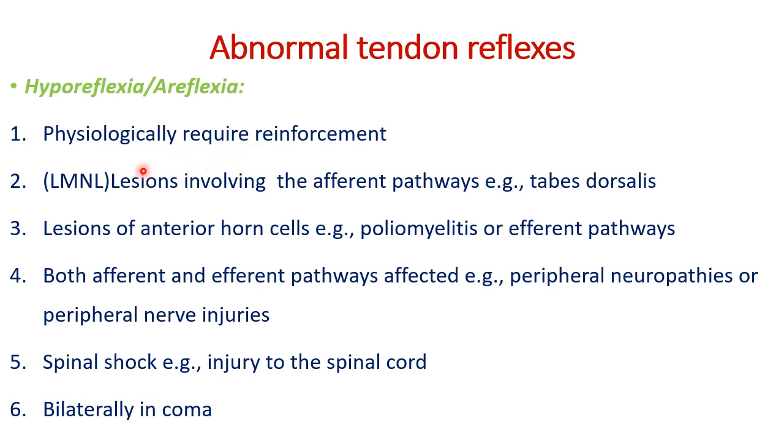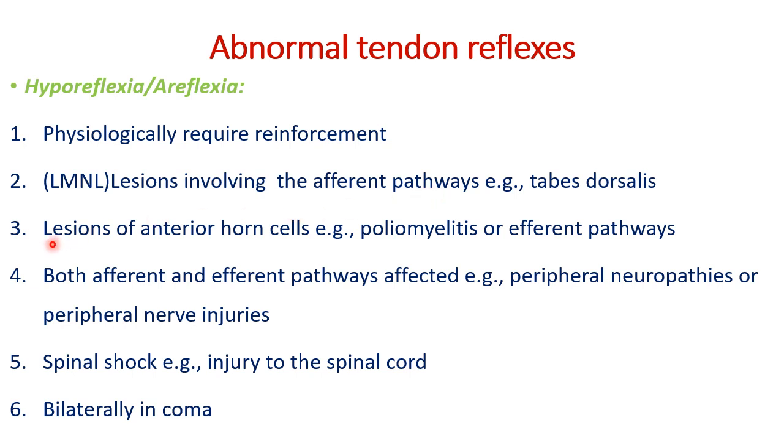Or pathologically, there can be lesions of the lower motor neurons, that is, the alpha and gamma neurons of the spinal cord, or the cranial nerves. So any lesion involving the afferent pathway of the reflex arc, like that seen in tabes dorsalis due to syphilis. What will happen here? When the afferent pathway is interrupted, no impulses reach the spinal cord, so there will be absent reflexes.